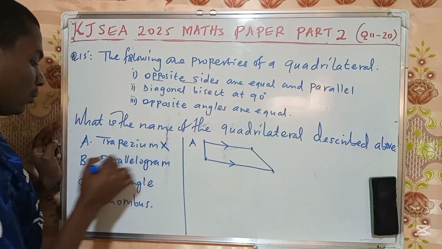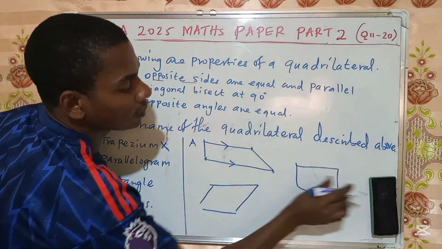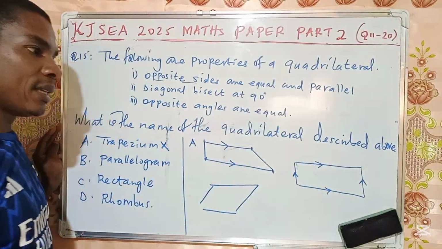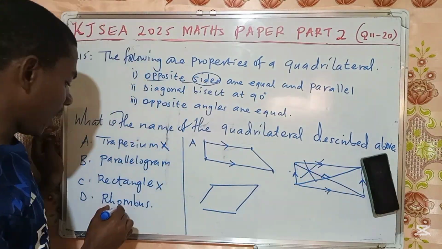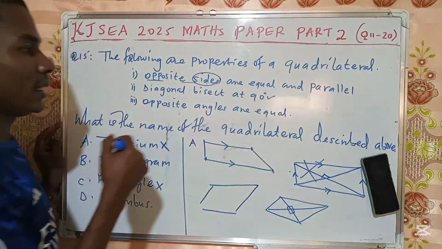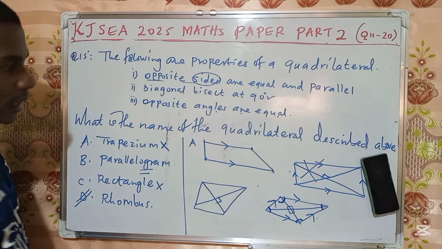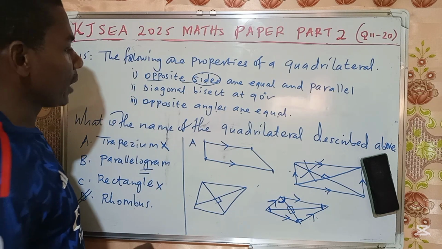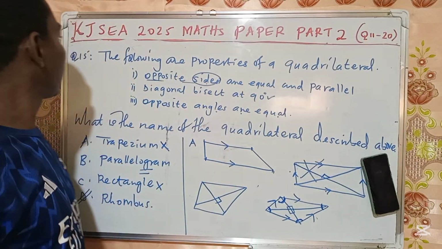So A is out. Parallelogram. Equal and parallel. So rhombus is the one which has those three properties. Let us proceed to question 16.